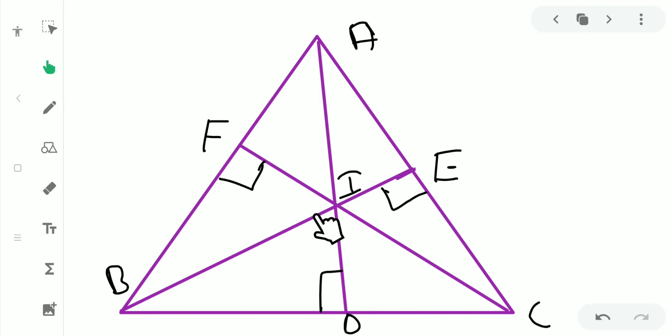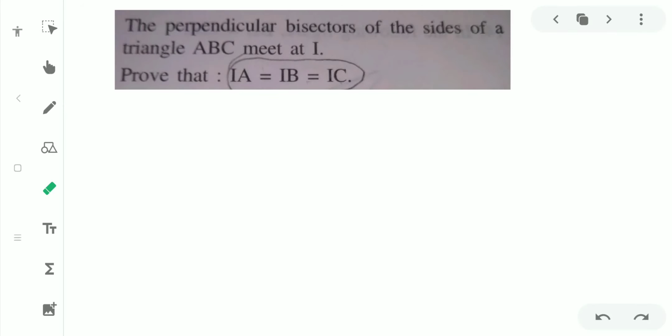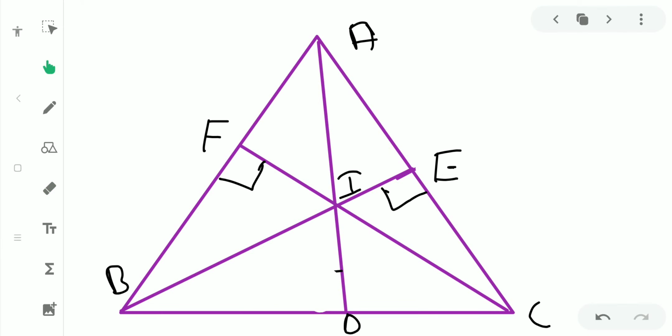Here in triangle BID and CID, this angle and this angle are 90 degrees. You may get a question: how? As this is a perpendicular bisector, perpendicular means 90 degrees on one side and 90 degrees on the other side also. So we'll have 90 degrees and 90 degrees.